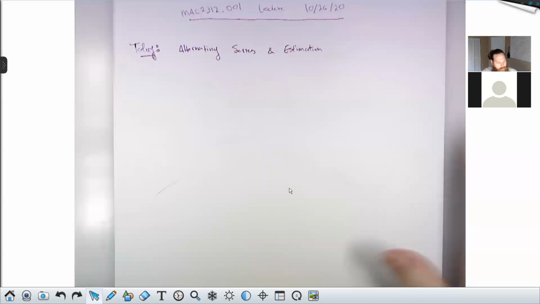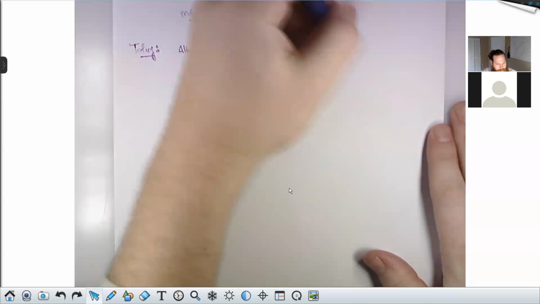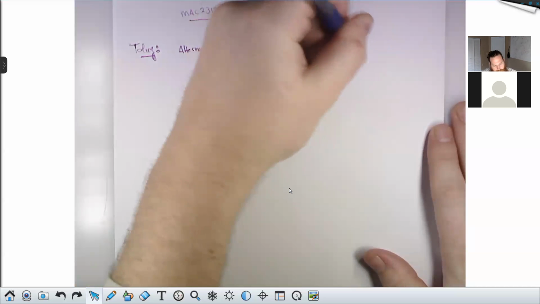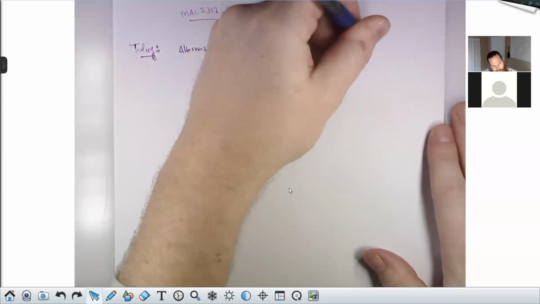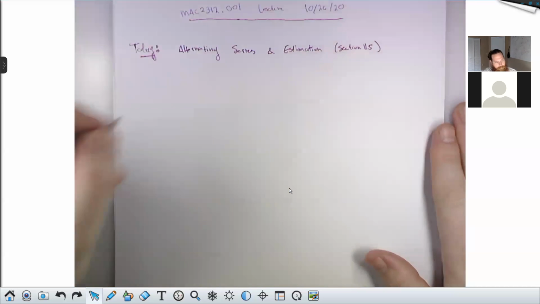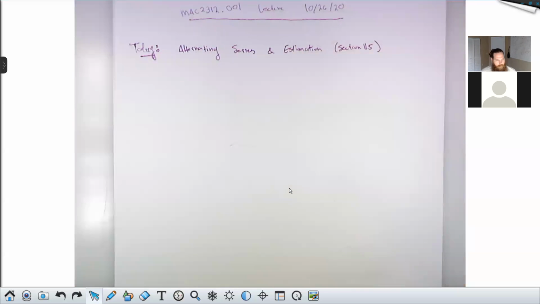This is section 11.5. Before we get into the actual material here, because I know that lately you guys have been working with the pre-recorded lectures and that's not the same level of interactivity, I just want to do a quick recap of the basic concepts.